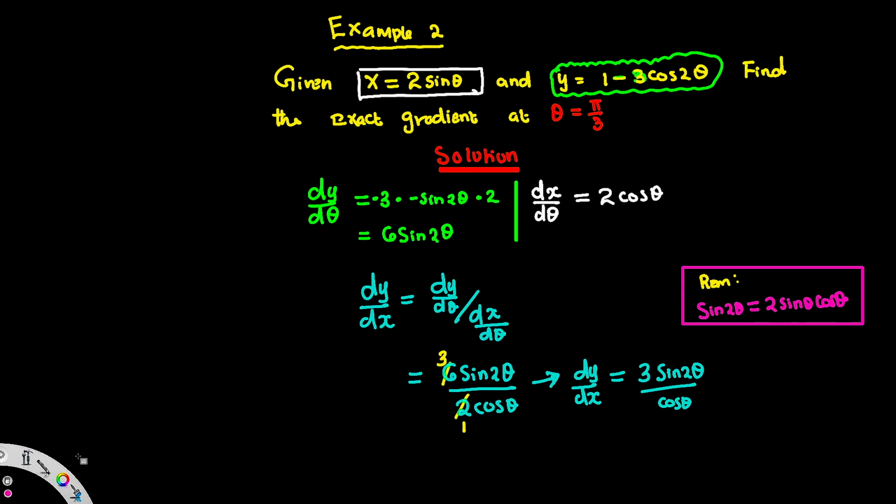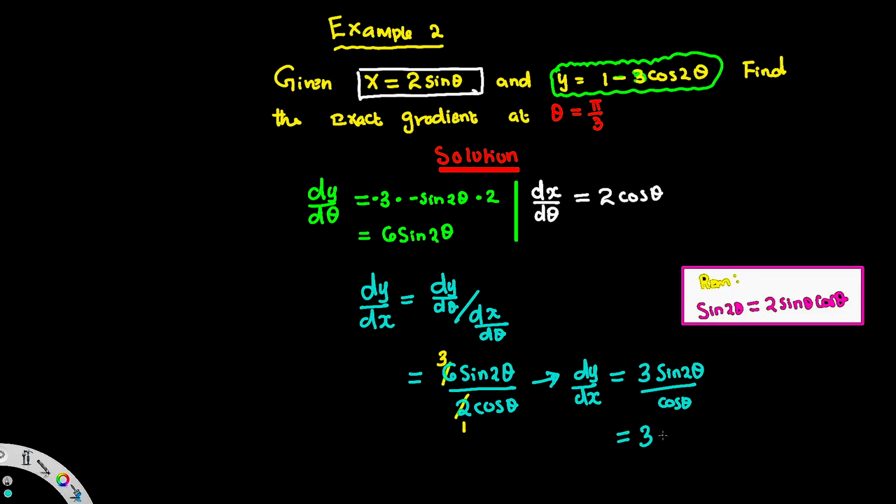That information is very important in order to simplify this. So sine 2 theta can be replaced with 2 sine theta cos theta. So dy/dx can be further given as that, and of course we are going to cancel cosine and cosine, and then we shall remain with 6 sine theta.